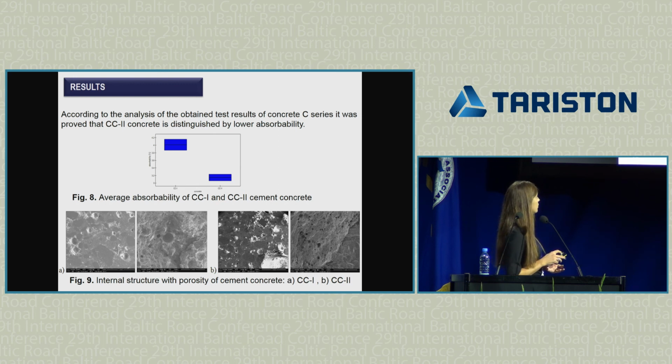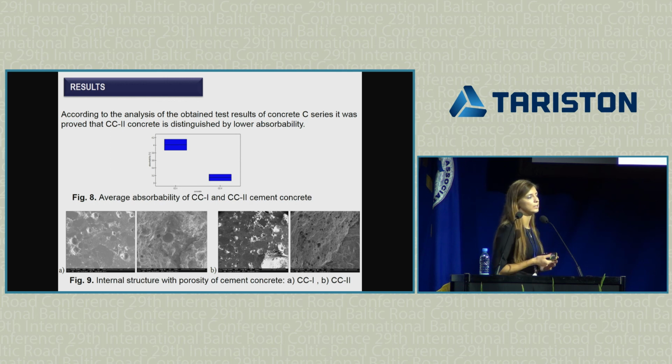In figure 8, we can see the greater absorbability for the concrete CC1, and here we can see the lower absorbability for concrete CC2. Figure 9 presents the internal structure with porosity.